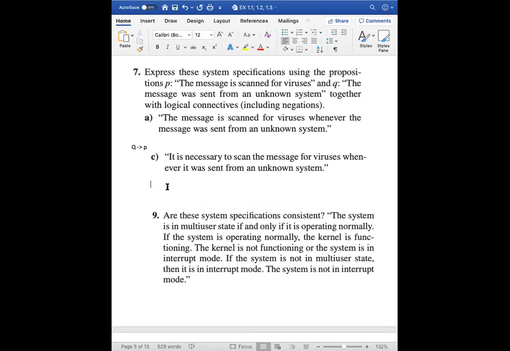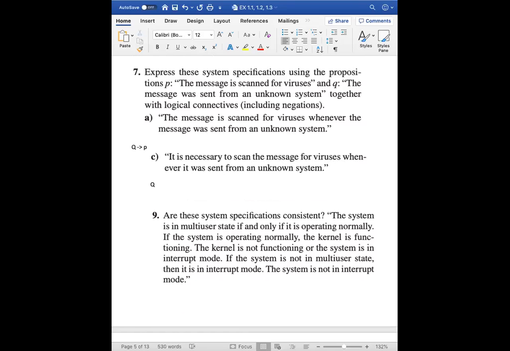The next one is, it is necessary to scan the message for viruses whenever it was sent from an unknown system. So again, this one here will also be represented with an implication.